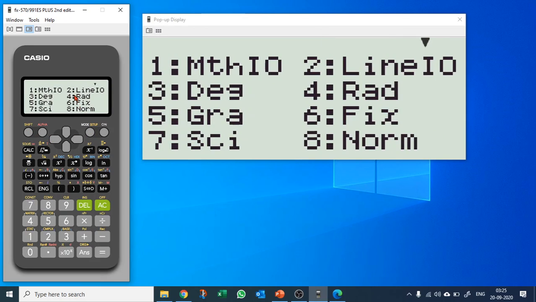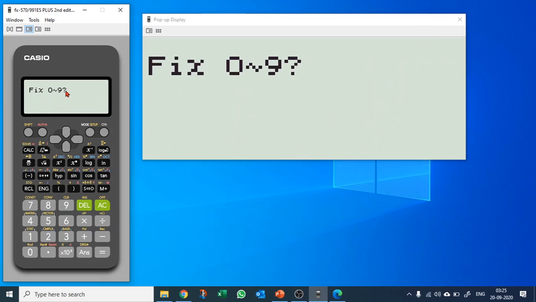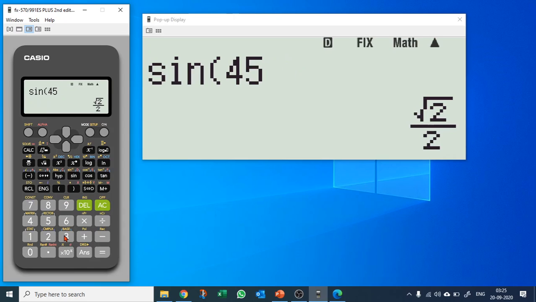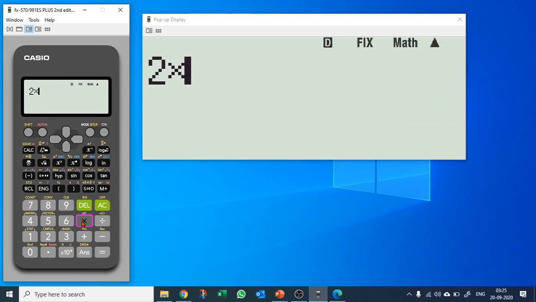Then comes fix. This is regarding decimal. For how many decimal points you want to fix, let's say I say 3. So whatever you do, if you say 2 times 3, it will give you 3 mandatory decimal points.